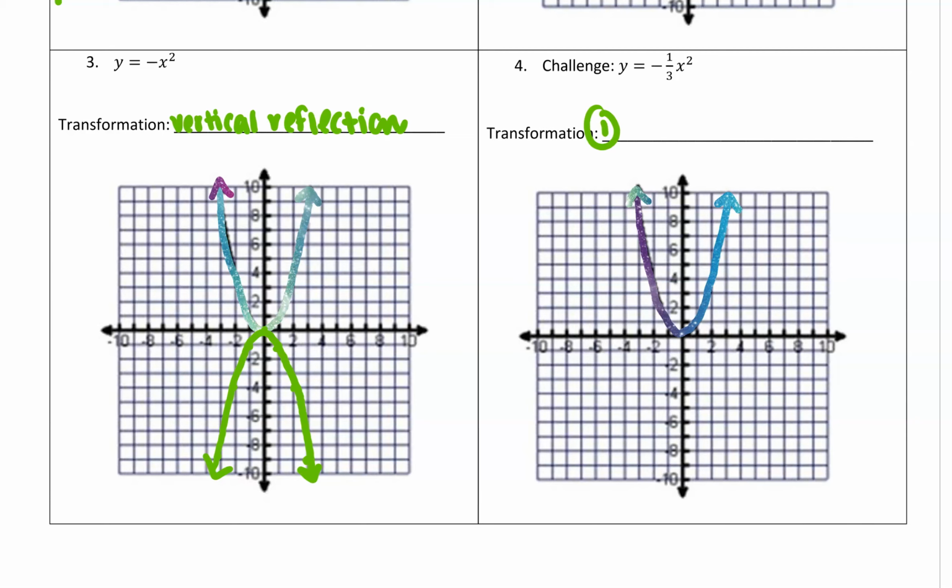The first one is a reflection because of the negative. And the second one is a vertical compression by 1/3.